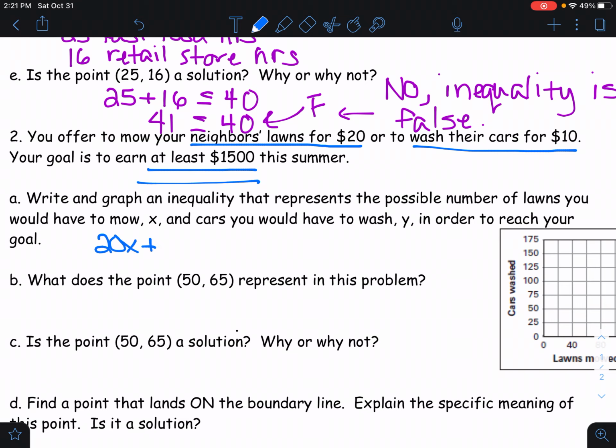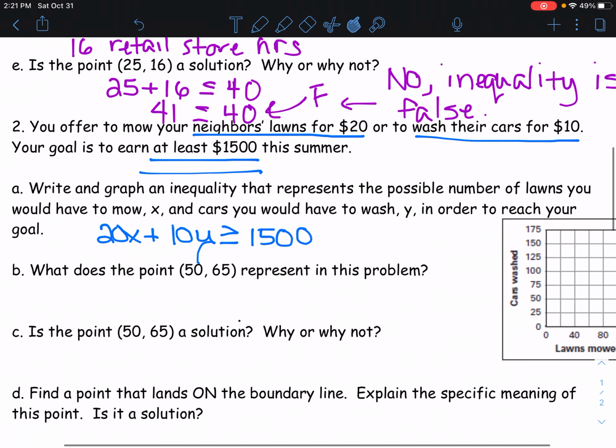I will also make $10 for each car wash. Okay, at least is $1,500 or more, right? It's okay if he makes more than that, or she makes more than that, or they make more than that. So it's greater than or equal to. Can be 1,500, could be more.